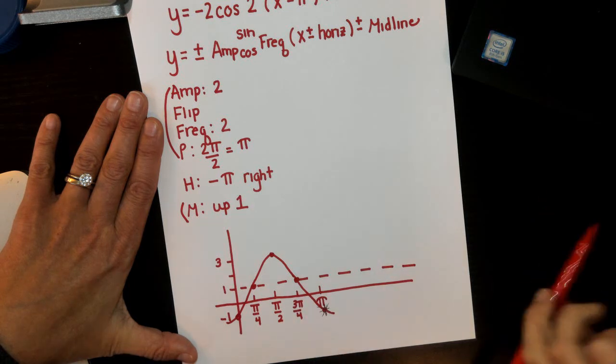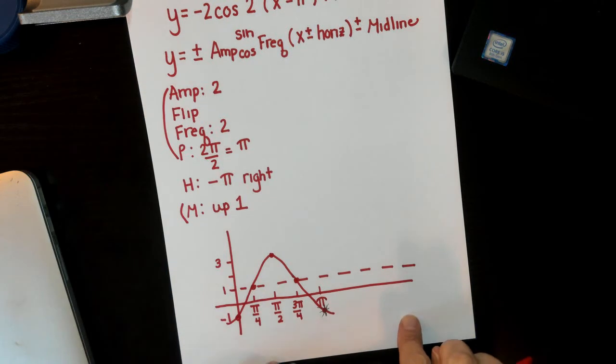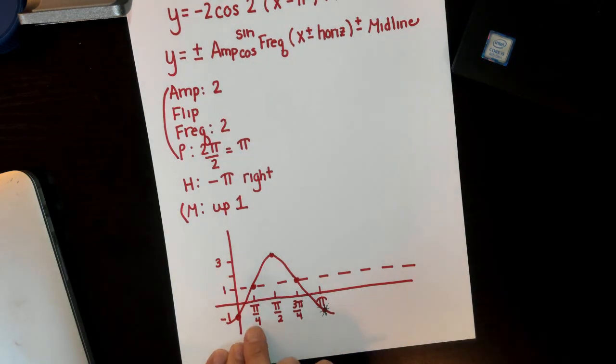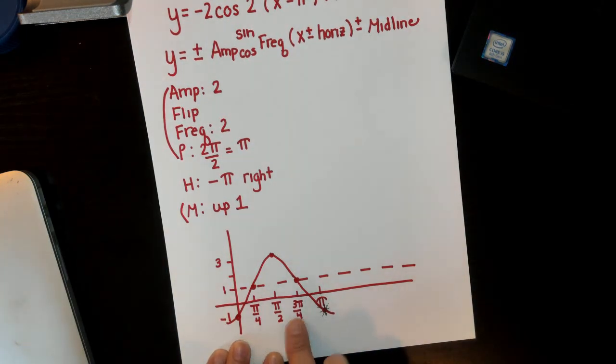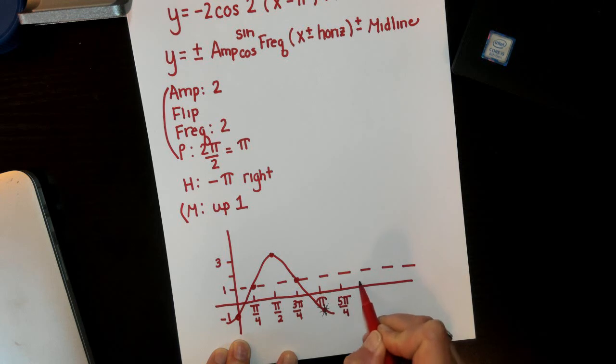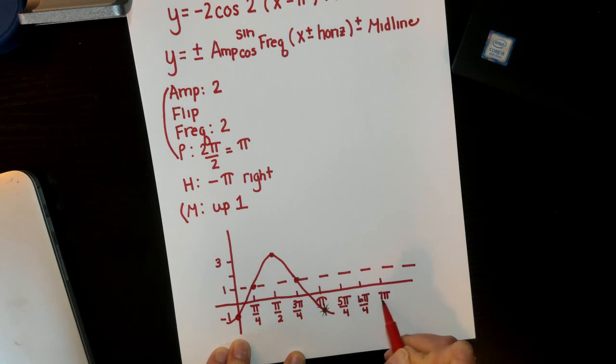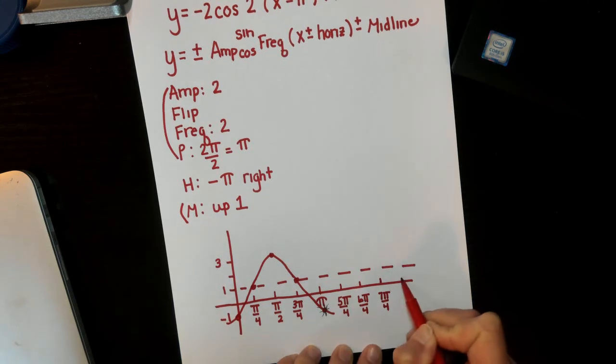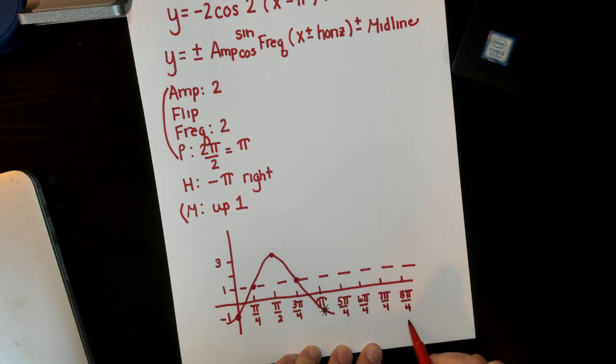And now I need to create some more spots on the axis. 1 pi over 4, 2 pi over 4, 3 pi over 4, 4 pi over 4, 5 pi over 4, 6 pi over 4, 7 pi over 4, 8 pi over 4, which again is 2 pi.